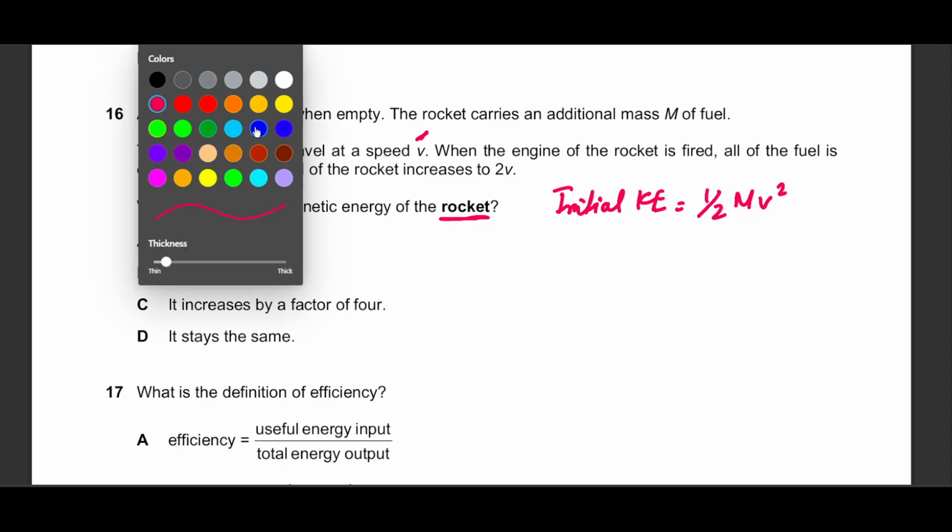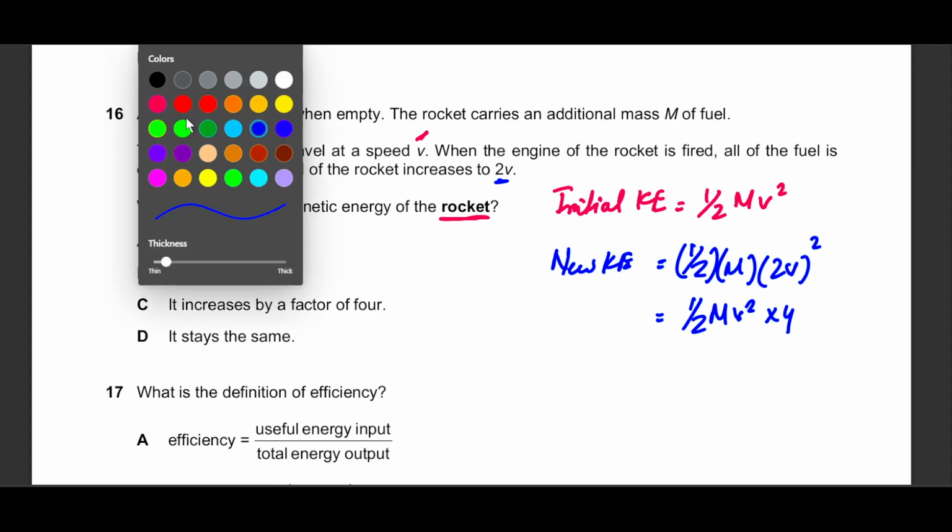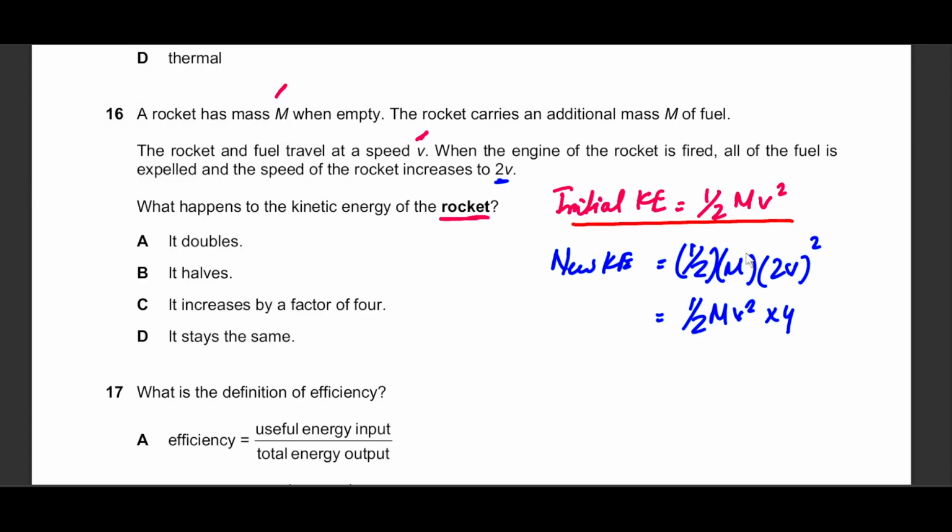Under the new circumstances, the new kinetic energy is simply half, the mass is still the same because it's still the rocket, multiplied by 2v whole squared, since the velocity has increased to 2v. This comes out as half m v squared multiplied by 4. So between the original and the current kinetic energy, there is a difference of a factor of 4.